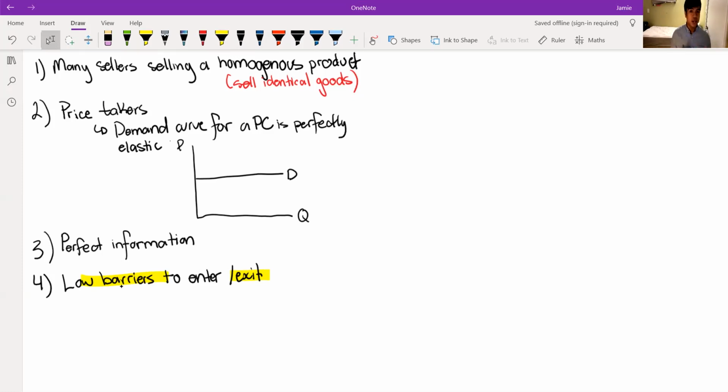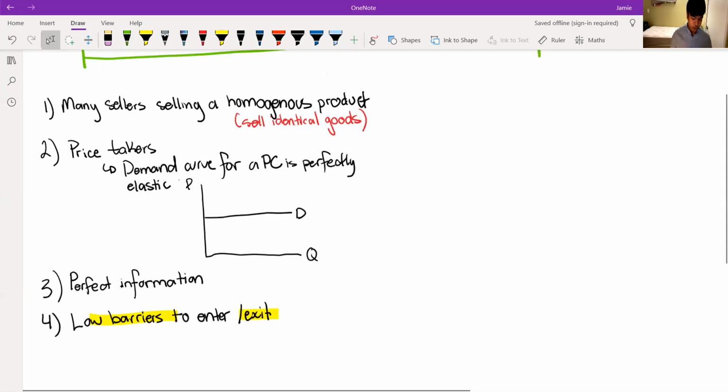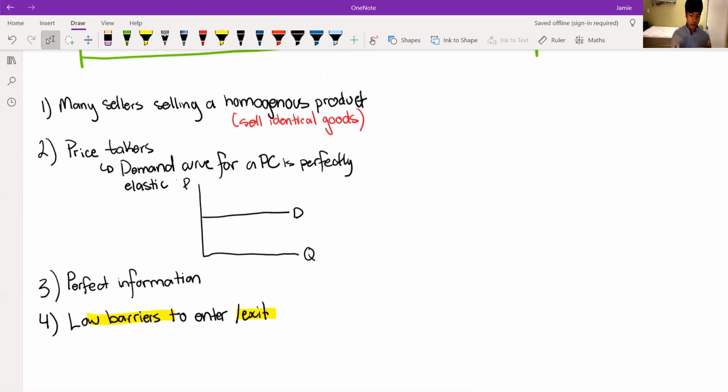I just need land and some machinery, so it's relatively easy to enter as well as to exit. If I don't make any profit and I want to leave the market, I can easily find a producer or seller who's willing to buy my machinery. So that is what we mean by low barriers to enter and exit.